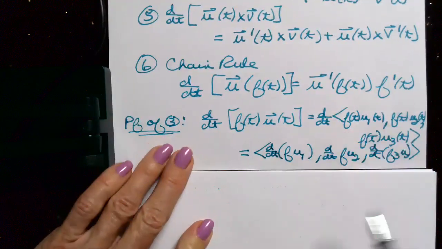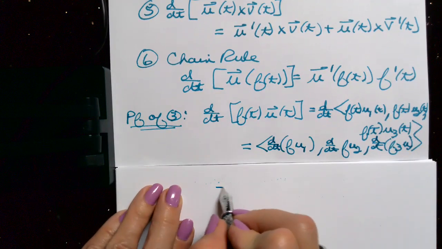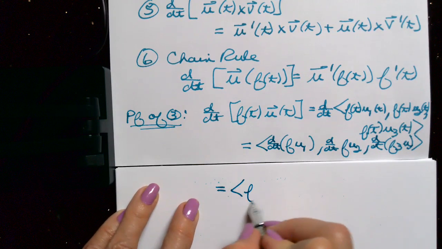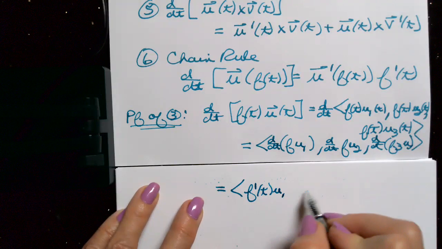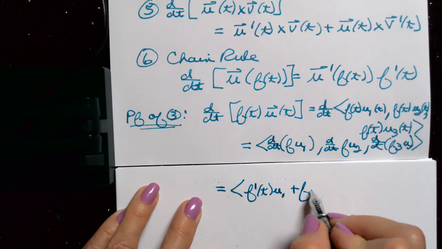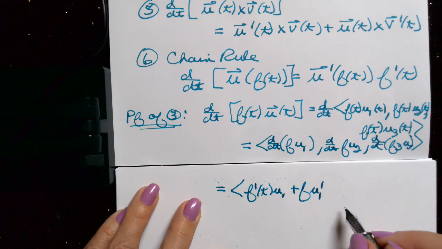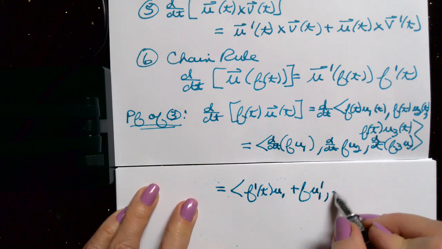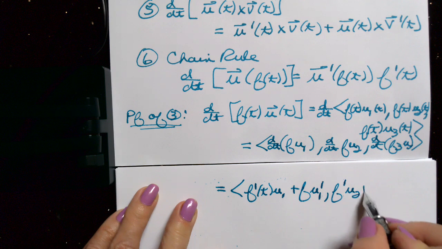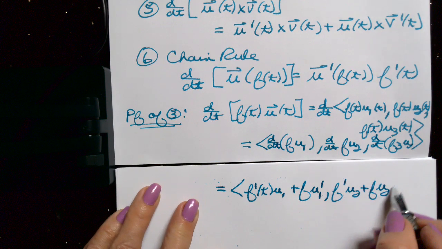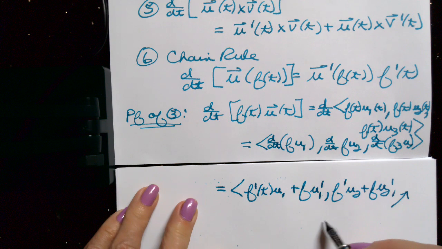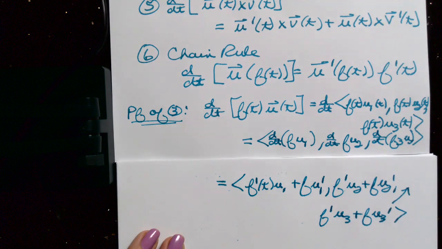So by the product rule of calculus 1, this right-hand side is equal to f prime u1 plus f u1 prime. I should have written f of t, but since we have so much to write, I will just write it like this. Then I'll have f prime u2 plus f u2 prime, plus f prime u3 plus f u3 prime, square bracket.